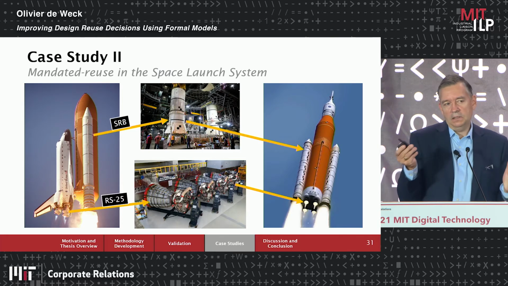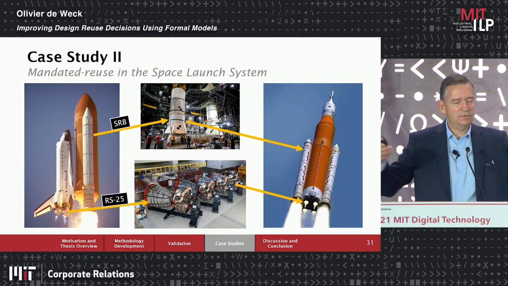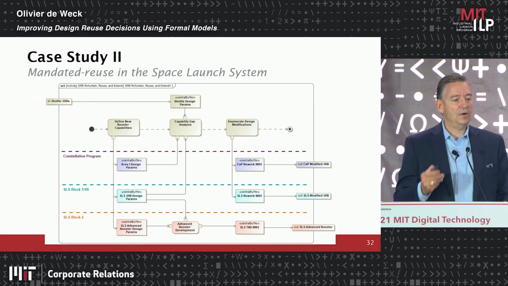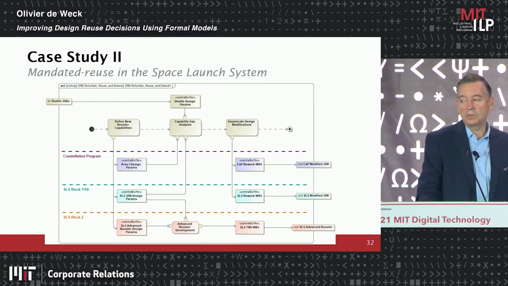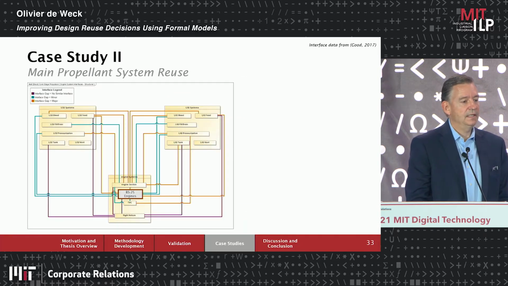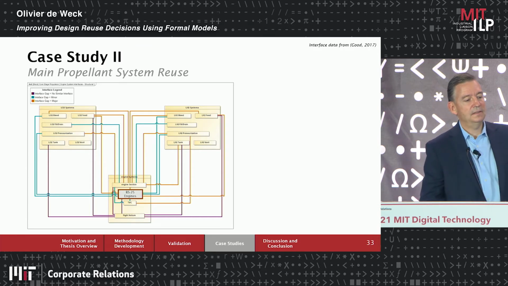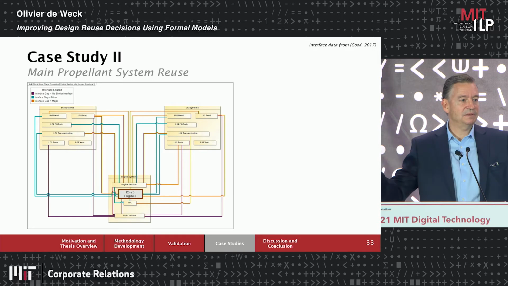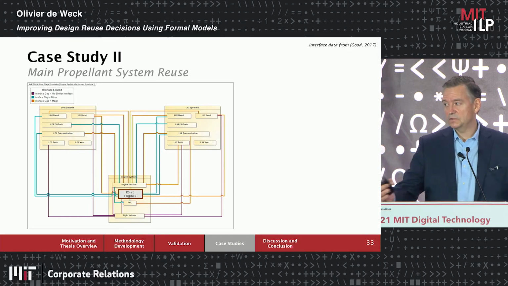And it makes sense. We have these great engines, we have these solid rocket boosters, let's reuse them. Let's not go from scratch design. What our analysis shows is that was probably the wrong decision. Basically, if you decompose the systems, you find that here's the RS-25, the main engine, but you know the engine has to be fed, right, with pressurized fuels.